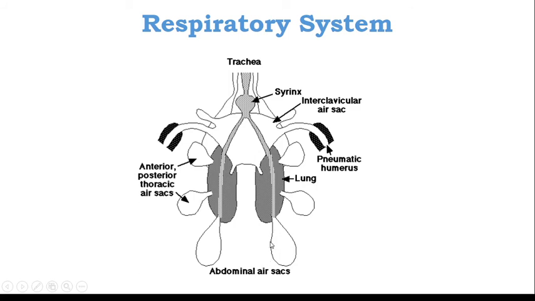These air sacs serve as the reservoir of air in birds. In expiration also, air is supplied to the lungs from the air sacs. Thus, the bird's blood is oxygenated twice during a single breathing. This is called double oxygenation or double ventilation. So this is the modification in the lungs, that is, the respiratory system.